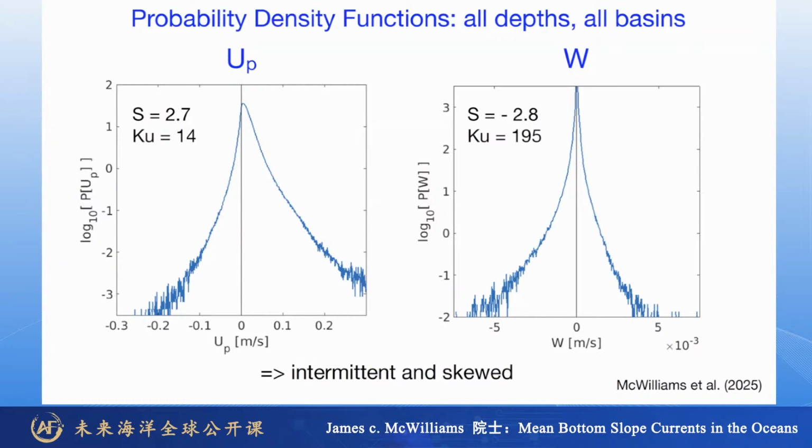You see the kurtosis values listed here for the prograde flow and the uphill flow, that is the tails, and it's skewed in the sense that downhill flow is more dominating the extreme events than is uphill flow, just as prograde flow is dominating the extreme events compared to the reverse.